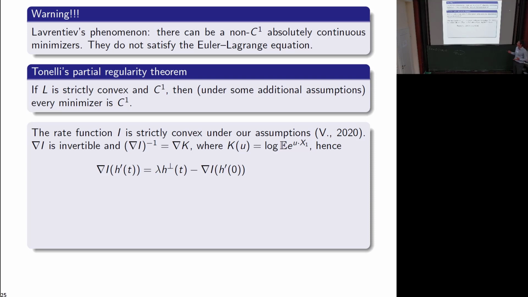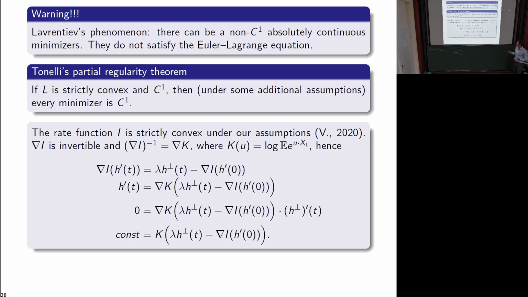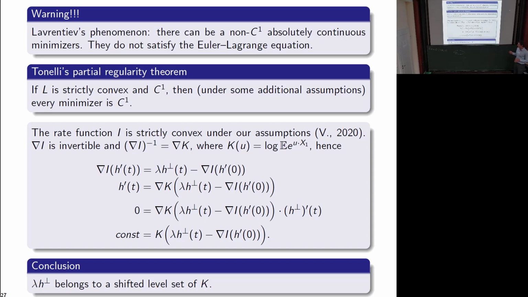This is the first Legendre equation, and you can invert it here, and after a few lines we end up with something which shows that the dilated and rotated minimizer belongs to a shifted level set of the log Laplace transform. So the second message is, surprisingly, we can solve the Euler-Lagrange equation explicitly.